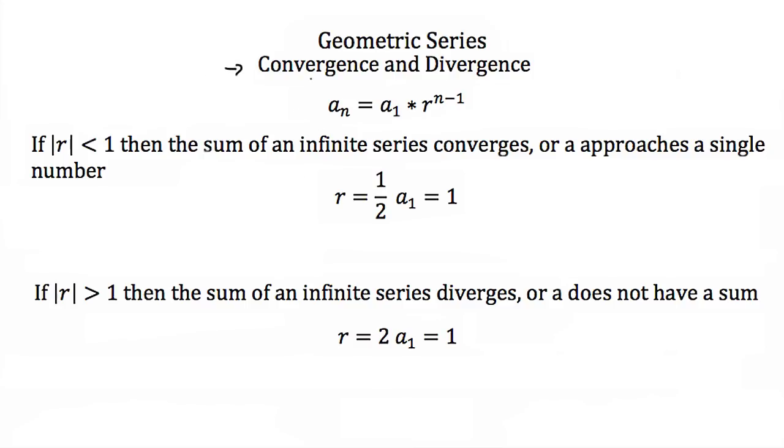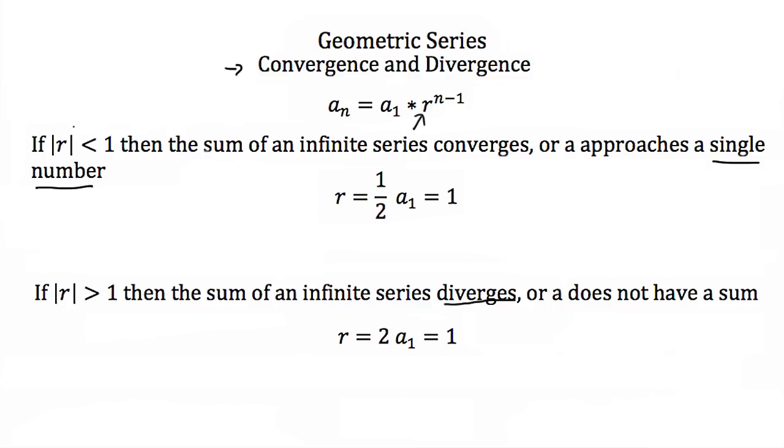Now to find out whether or not we can find a sum or a value for an infinite geometric series, that all depends on whether it converges or diverges. And if it converges to an answer or it approaches a single number, then we say it's converging. If it does not approach a single number, then we say it's diverging. To determine whether it converges or diverges, the key is to look at your common ratio, r.